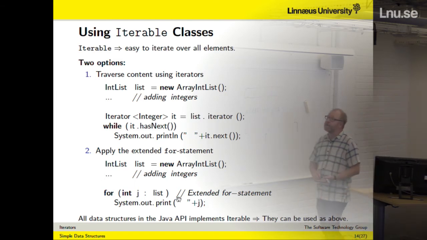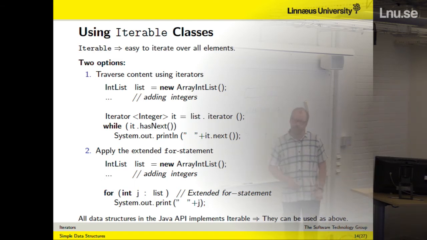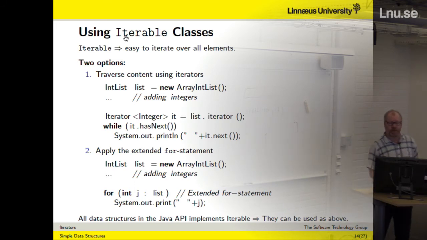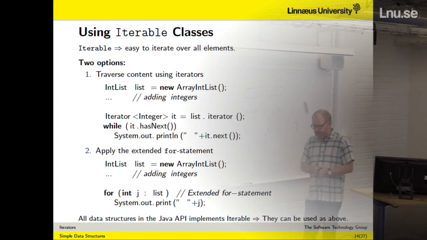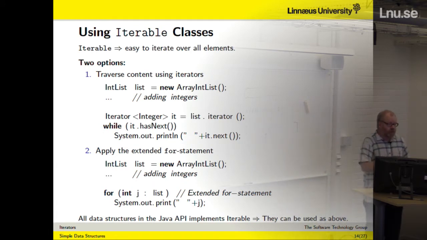So if you have an iterator and if you are implementing the iterable interface, it means that we have two options to traverse the list, using this approach or using this approach. You cannot use the iterator to pick out every second element or only half of them. They always give access to all the elements in a certain order.